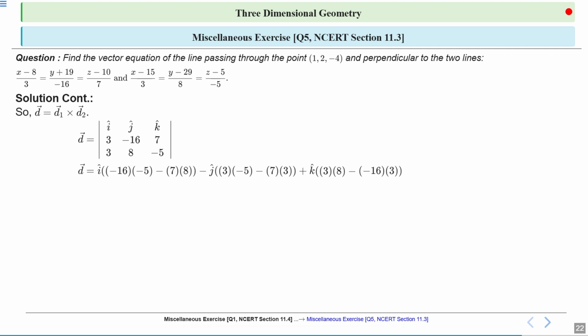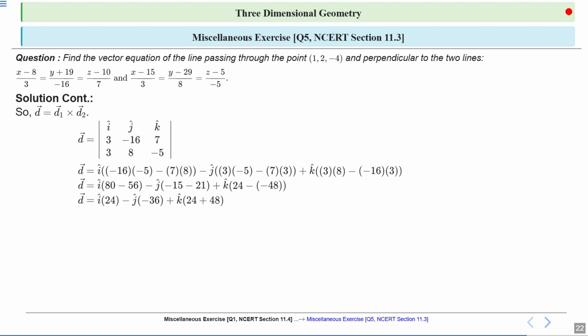After solving this, we get d vector = i cap (-16 × -5 - 7 × 8) - j cap (3 × -5 - 7 × 3) + k cap (3 × 8 - (-16) × 3). So d vector = i cap (80 - 56) - j cap (-15 - 21) + k cap (24 + 48).